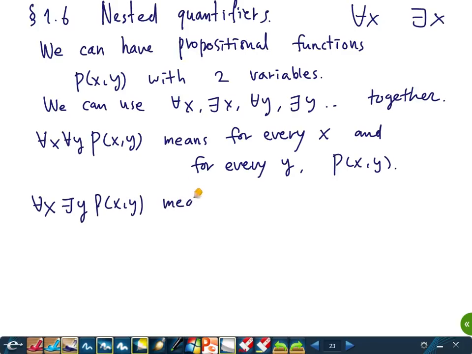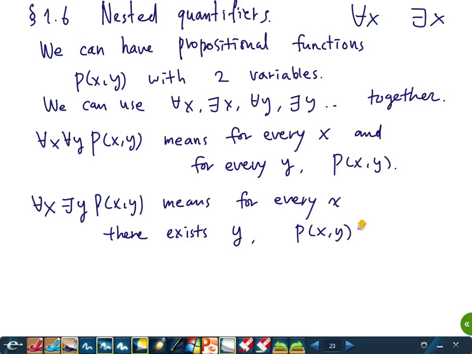This means for every x, there exists y such that p of x comma y is true. So you can have more, not just 2 variables.